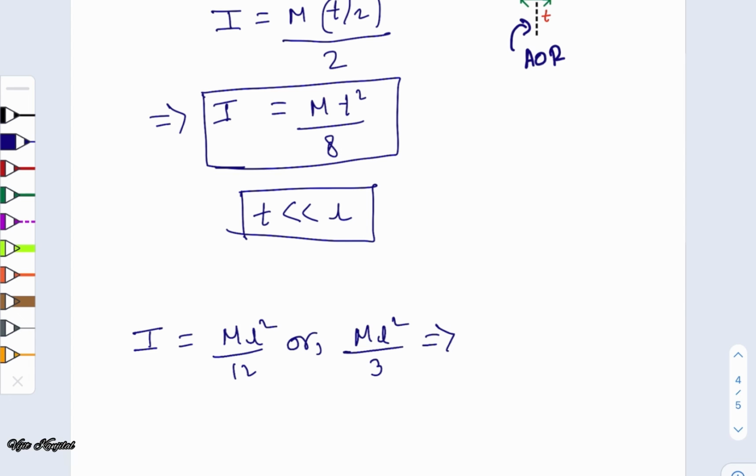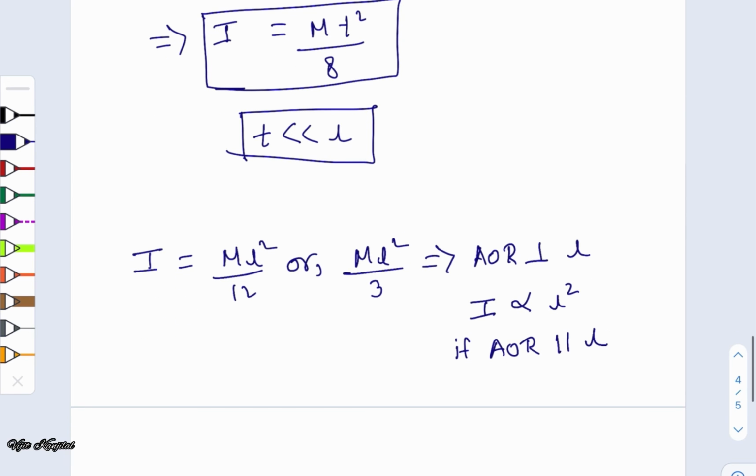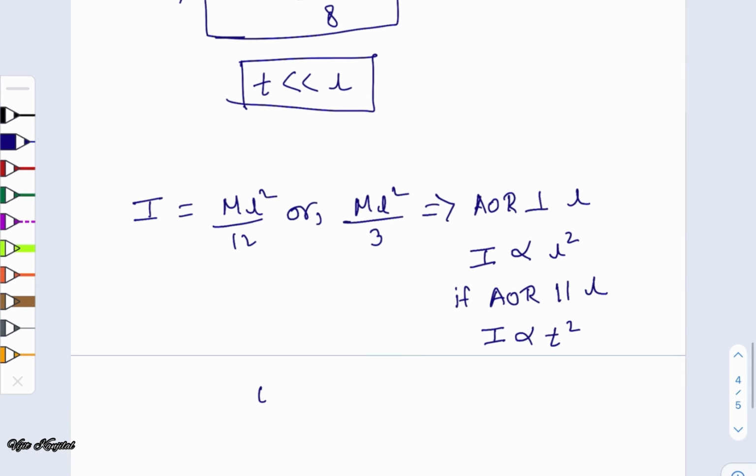So if the axis of rotation is perpendicular to the length of the rod, the moment of inertia is proportional to l square, and if the axis of rotation is parallel to the length of the rod, the moment of inertia is proportional to t square. Now t square is very much less than l square in all cases.